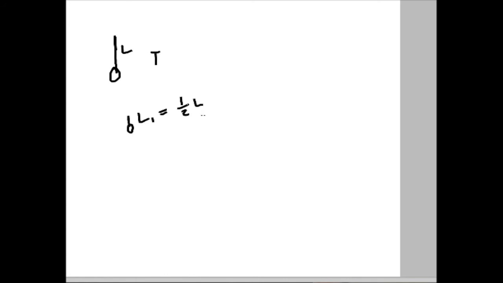Well, what does that do to the period of this pendulum? Does it increase it, decrease it, does it remain unchanged? Well, the period for a pendulum is 2 pi times the square root of L over g, the length of that pendulum and gravity.